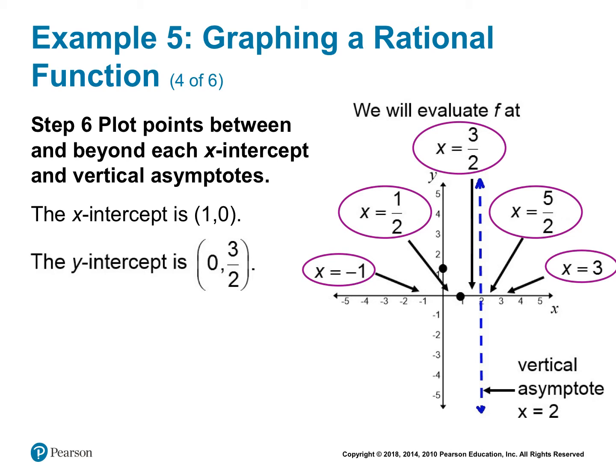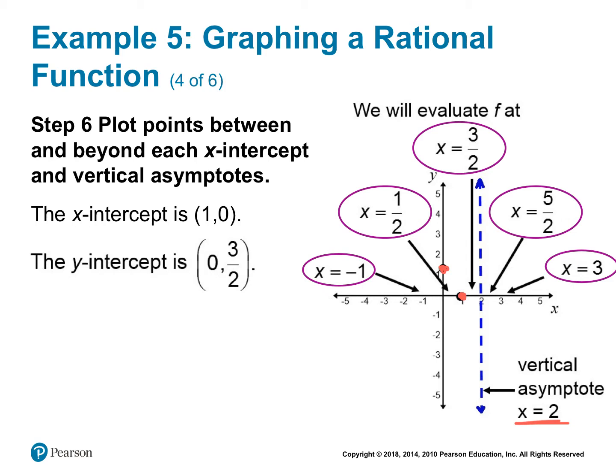Okay, so you can see that we drew those in. We found our x-intercept is 1, 0. That's one of the black dots. Then the y-intercept was right here. And we said we had a vertical asymptote at x equals 2. So that's going to be a good starting point.